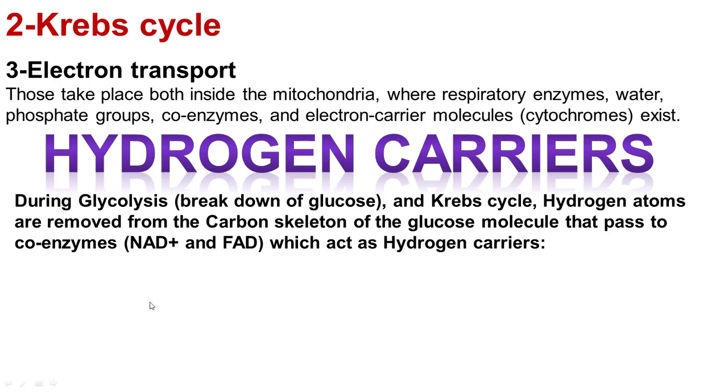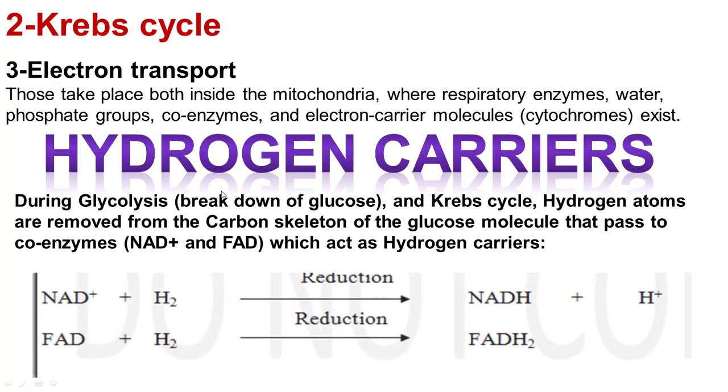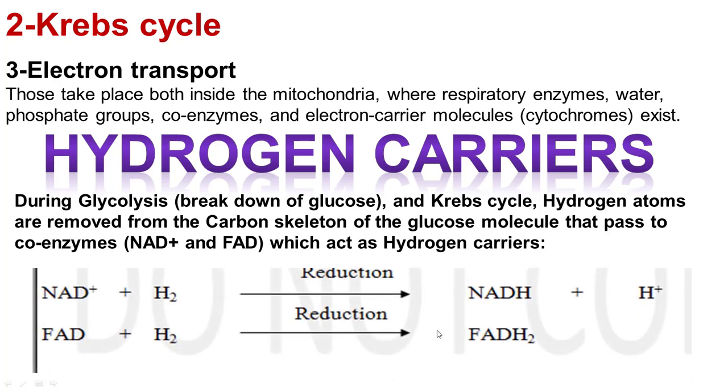NAD and FAD are coenzymes that carry the electrons in the shape of hydrogen and take them to the last step, electron transport, to release their energy. NAD plus H2 turns to NADH, as we said before. FAD plus H2 becomes FADH2. The reaction with hydrogen is named a reduction reaction.